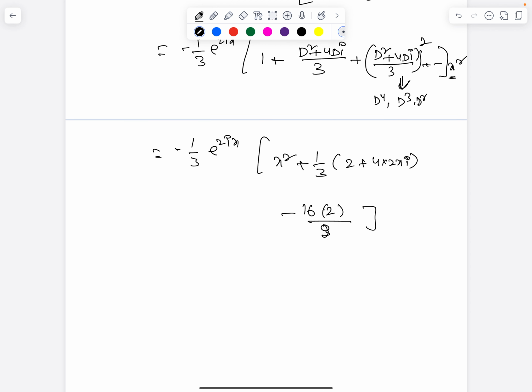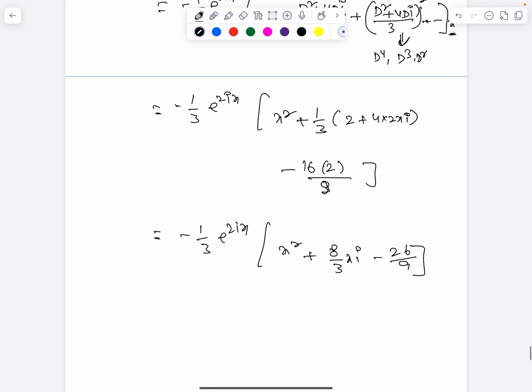All the others will be 0, and therefore minus 1 by 3 e power 2ix into, if you take the constant terms, x square and the other term is plus 8 by 3 xi. The constant term is here, so if you simplify, it is minus 26 by 9.